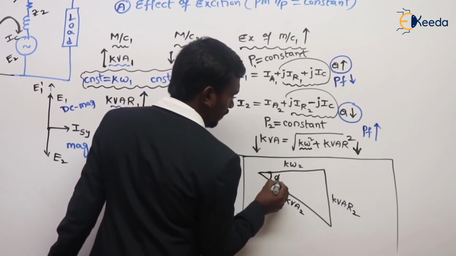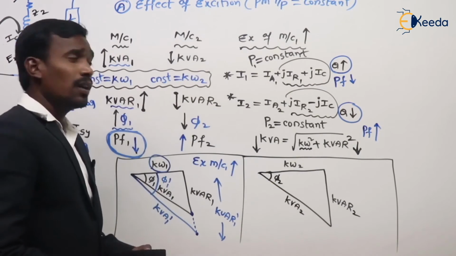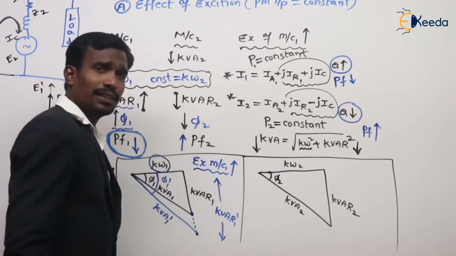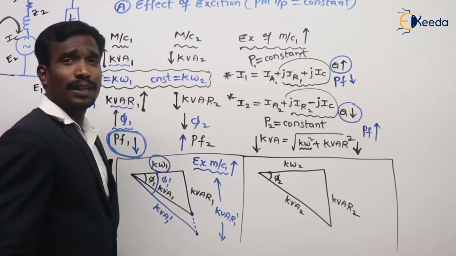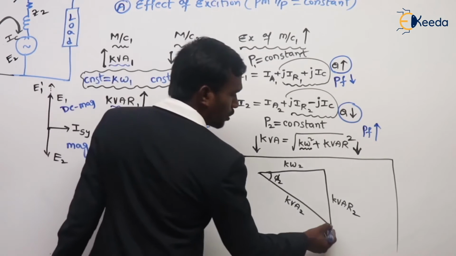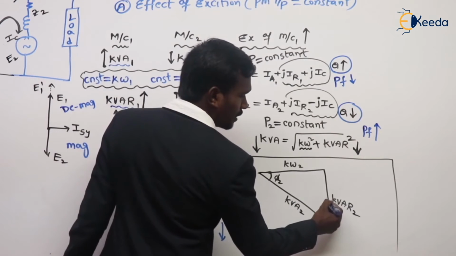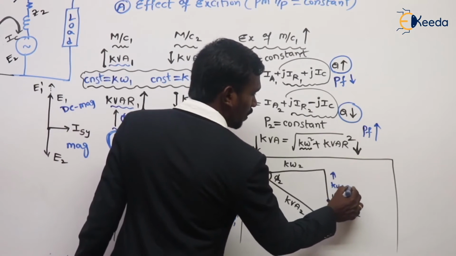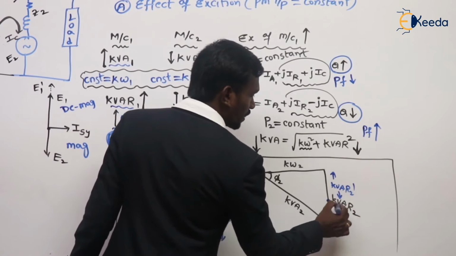Actually this is my power factor angle phi 2. But what happened when machine 1 excitation increases, when its reactive power is increasing? Its reactive power is not the same, it decreases. This is the kVAR 2 dash, which decreases.